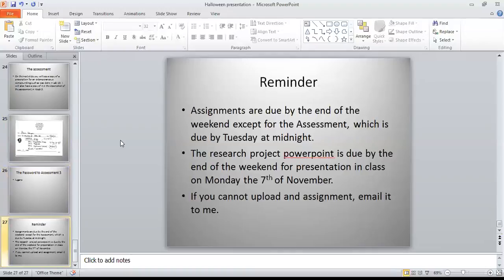So a reminder, all assignments are due by the end of the week except for the assessment, which is due by Wednesday before the start of class. So for you morning students, you may want to do that before midnight on Tuesday. For you evening students, you have until 6 p.m. on Wednesday. Also remember the research project PowerPoint is due by the end of the weekend for the presentation in class on Monday.